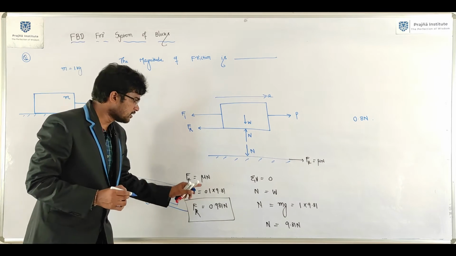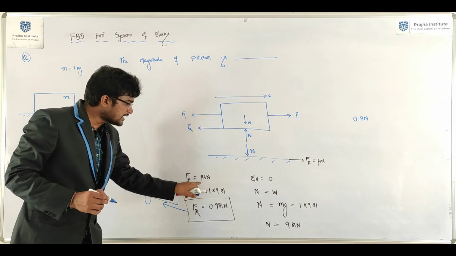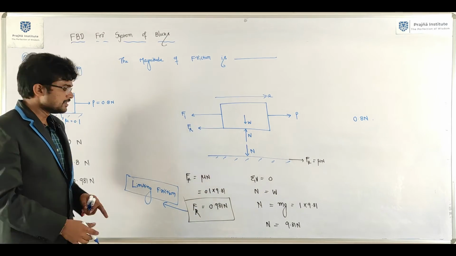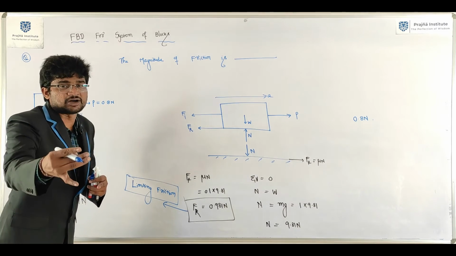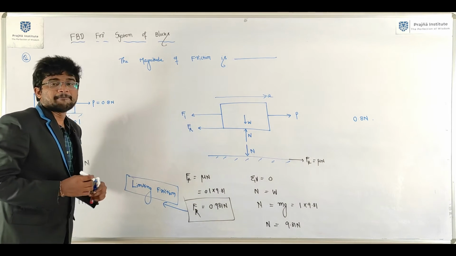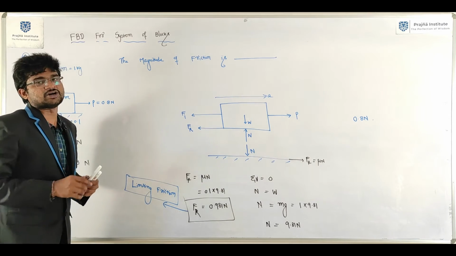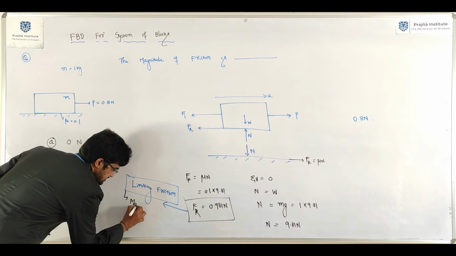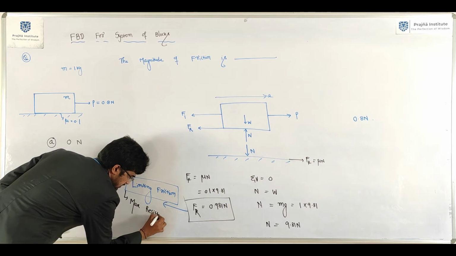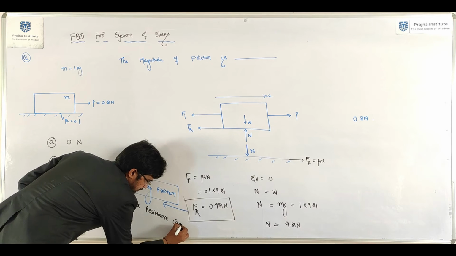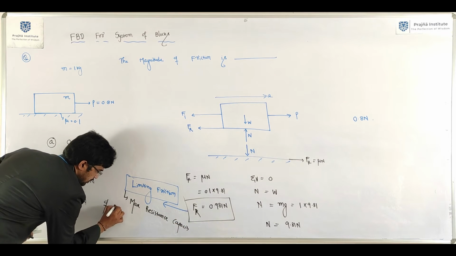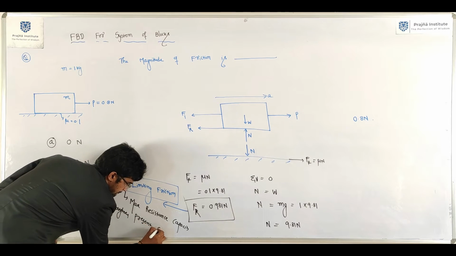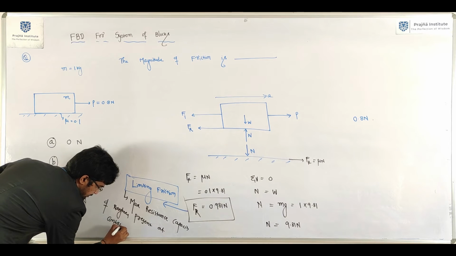You calculated frictional resistance by equating with mu N. That is limiting friction. Limiting friction means the maximum resistance capacity of the roughness present at the contact surface.